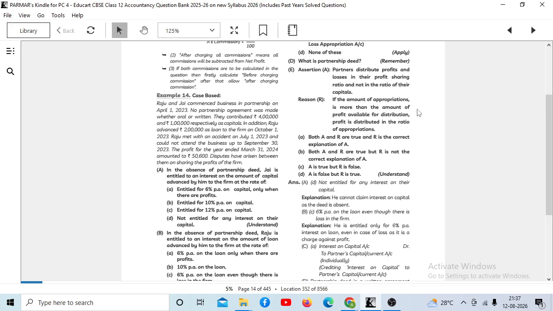In that case, only the 1 lakh of profit will be distributed among the partners in the ratio of expense. So basically this R is also true.